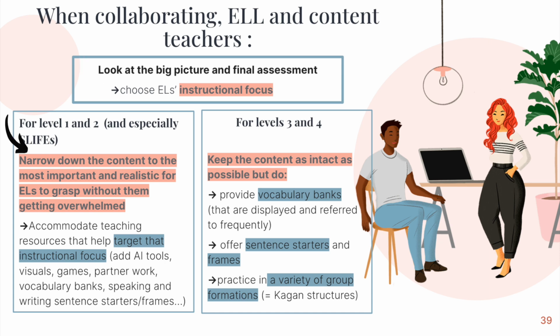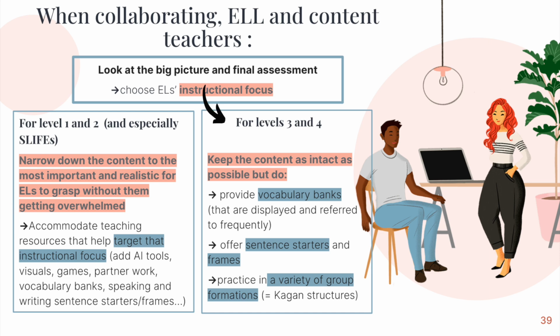Let's narrow it down to the most important concepts and realistic concepts for our ELL students to grasp without being overwhelmed. Our language learners do not need help getting overwhelmed. And once we identify this instructional focus, we will accommodate the teaching resources: AI, visuals, games, partner work, vocabulary that is displayed and referred to, and so on.